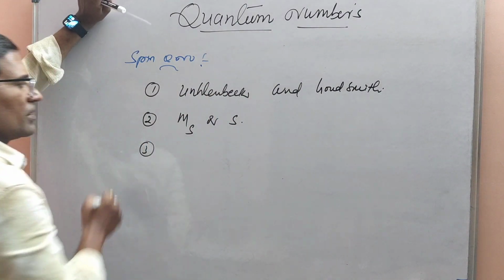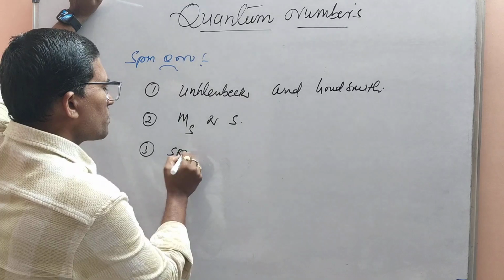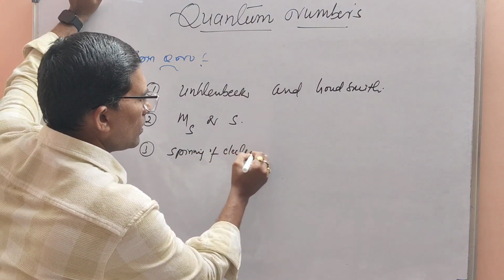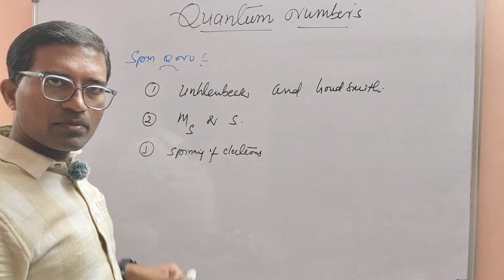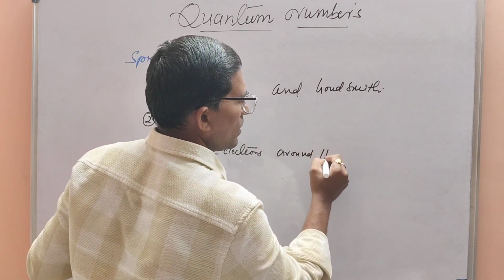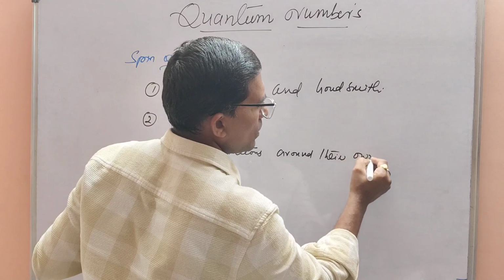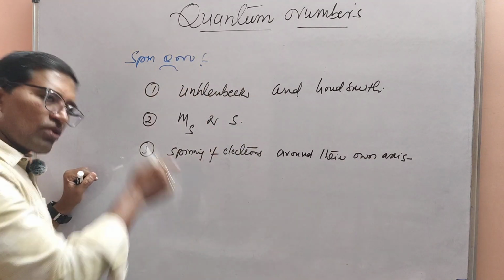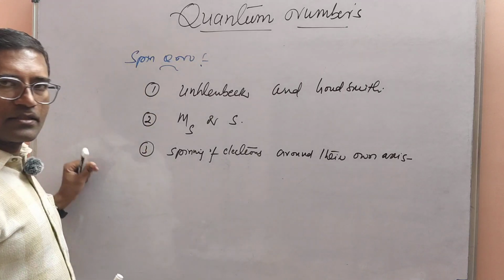This quantum number signifies the spinning of electrons around their own axis.